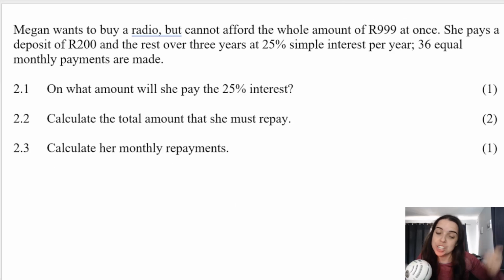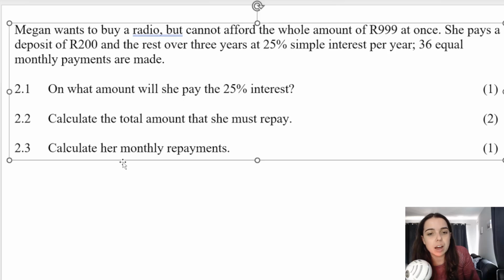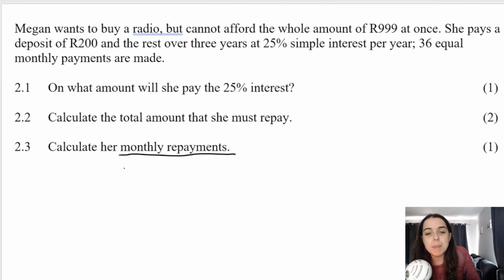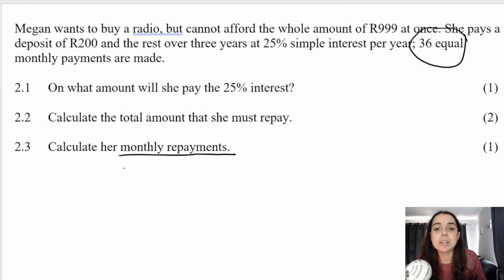Now we've got the question, calculate her monthly repayments. We didn't have this question earlier in the first example, but hopefully you can figure out how to get this answer. Monthly repayments means how much she's going to pay every month. They tell me we're doing 36 equal monthly repayments. They didn't even need to tell me 36, because I know that it's 3 years and every year has 12 months.